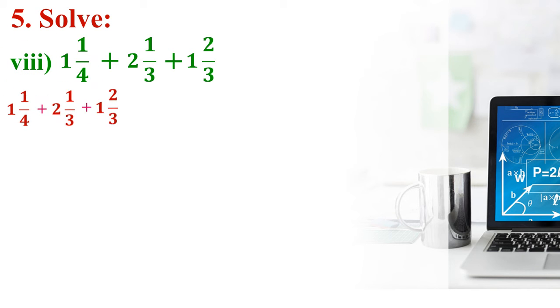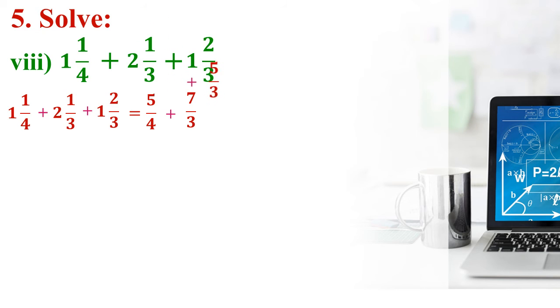Here, the mixed fraction 1 1/4 can be written as 5/4. Next, 2 1/3 can be written as 7/3. Next, 1 2/3 can be written as 5/3.